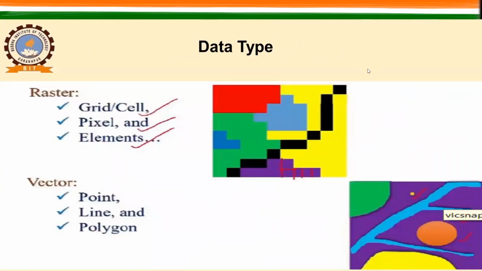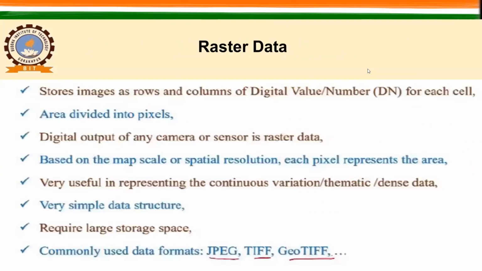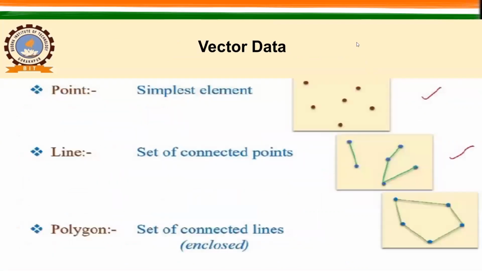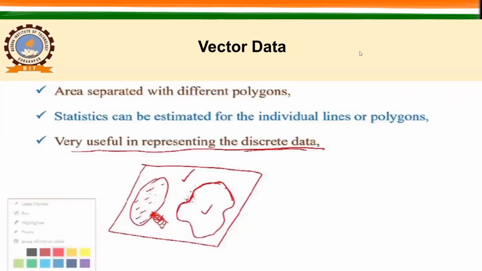Then we have different data types, that is raster and vector. Then we define what is raster data, that is basically the remotely sensed images, right? Then we have also seen about the vector data, basically point, line and polygon. Point start with simplest element, line is set of connected points, and polygon set of connected lines enclosed.